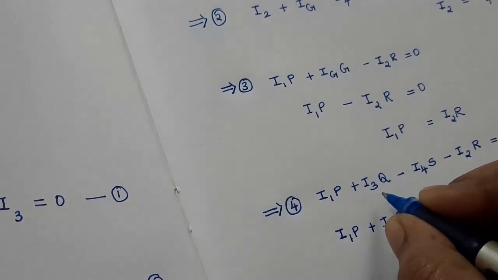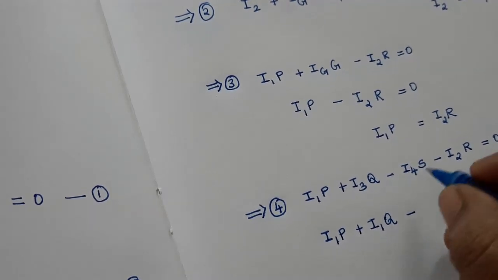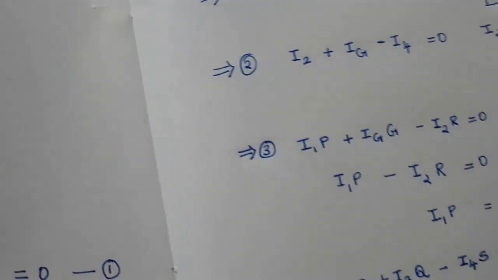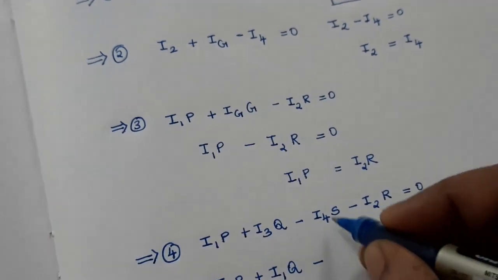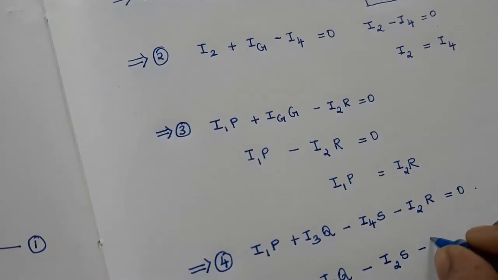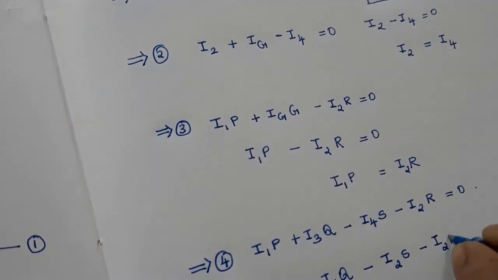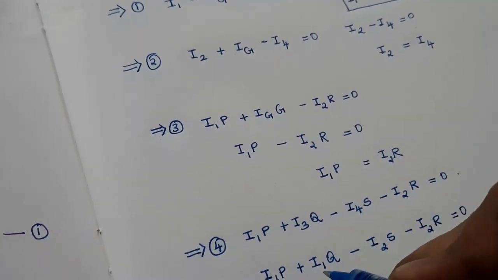And we have also shown that I2 is equal to I4, so in place of I4 I can substitute I2, giving I2S minus I2R equal to 0.